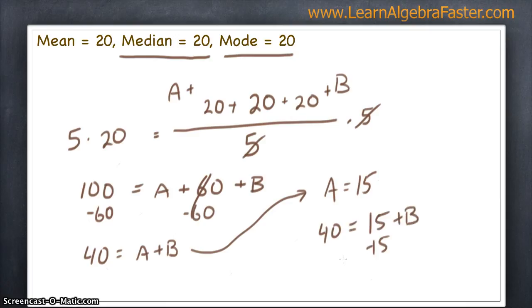We'll do inverse operations by subtracting 15 from each side, and we're left with 25 equals B. So we have solved our problem by using the numbers 15, 20, 20, 20, and 25.